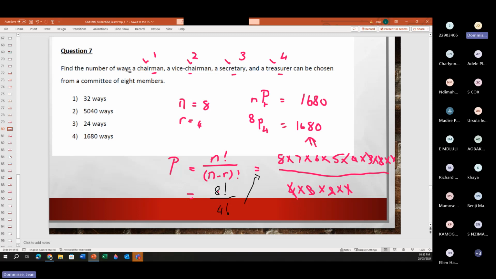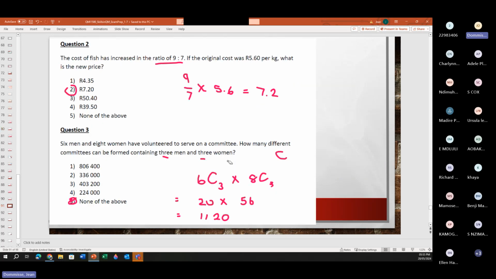With a combination, all it says is that it's me and you that are going to be in the committee. It doesn't matter if you're the vice and I'm the chair, or you the chair and I'm the vice. So with a combination, it doesn't matter who is in which role. With a permutation, they need to tell you that there is an order in who is where.